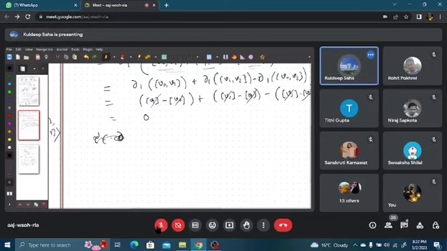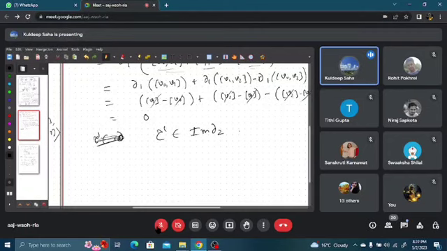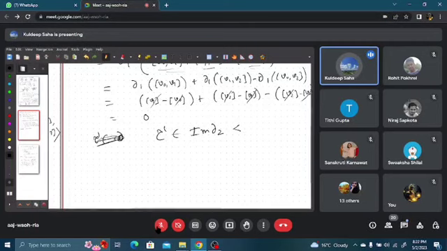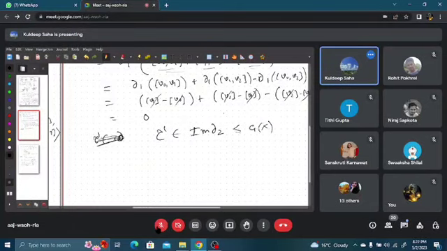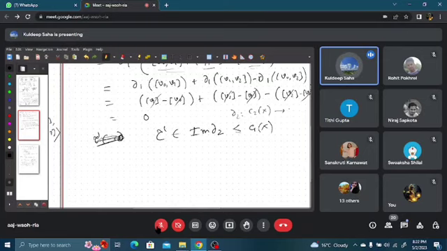Okay, so if I take a one-chain that lies in the image of delta 2. So the image of delta 2 is again a group, right? Again a subgroup of what? Of C1(X). Recall that delta 2 was from C2(X) to C1(X).